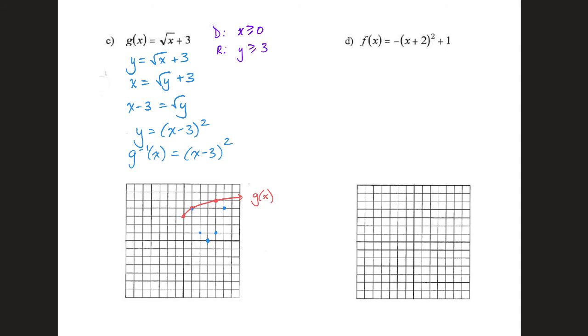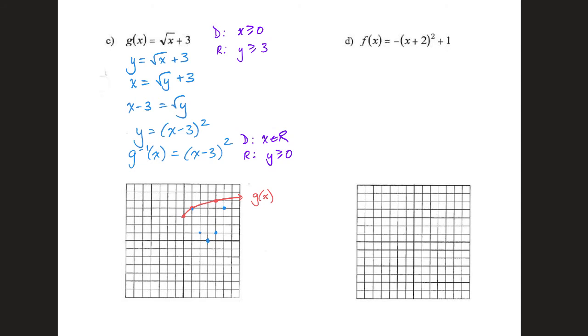Okay, if we now examine the domain and the range of my inverse, we may be tempted to say this, because that is the inverse of the blue function. The problem is, that wasn't the domain and the range based on my original graph.